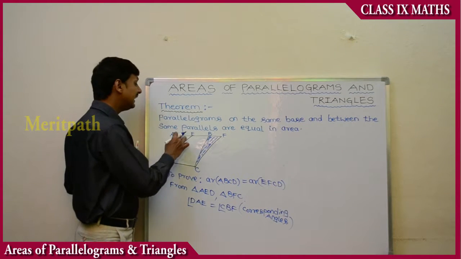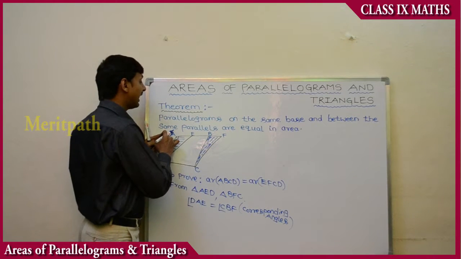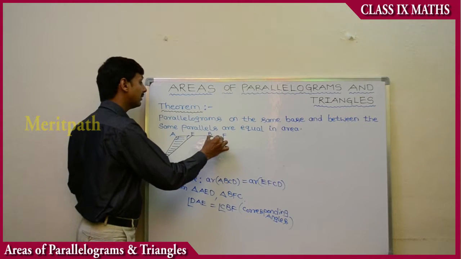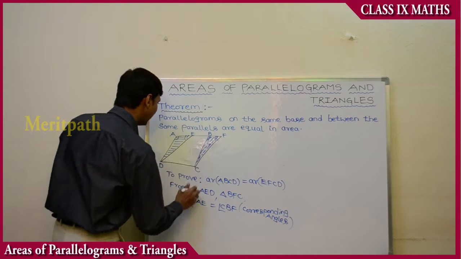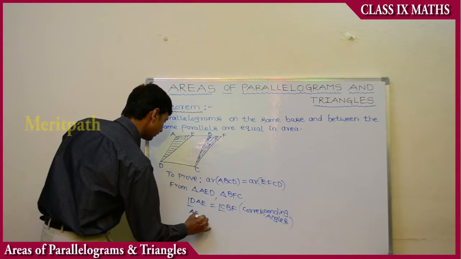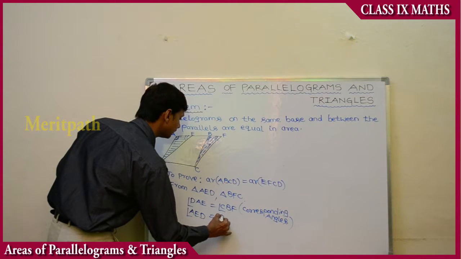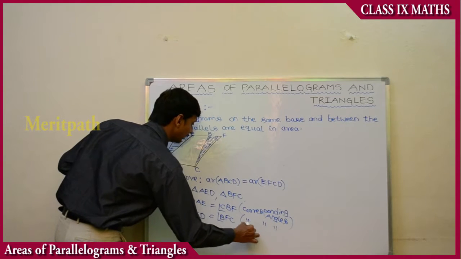So ED and FC are two parallel lines, and the transversal line is AF. So we say these two are corresponding angles. That is, angle AED is equal to angle BFC.